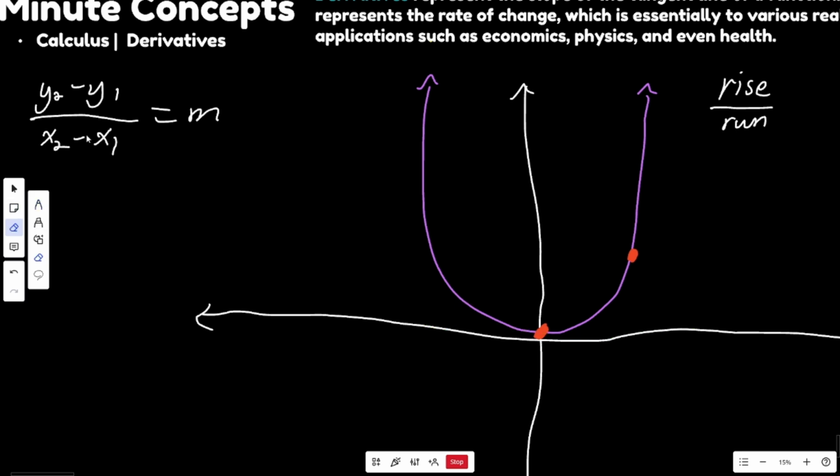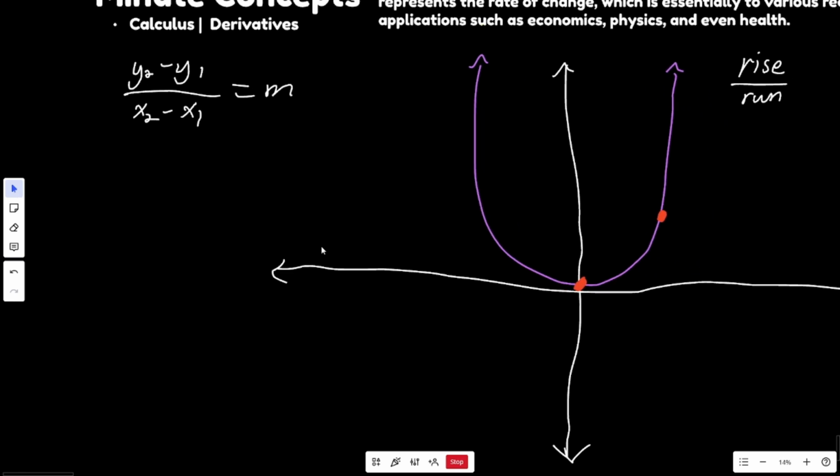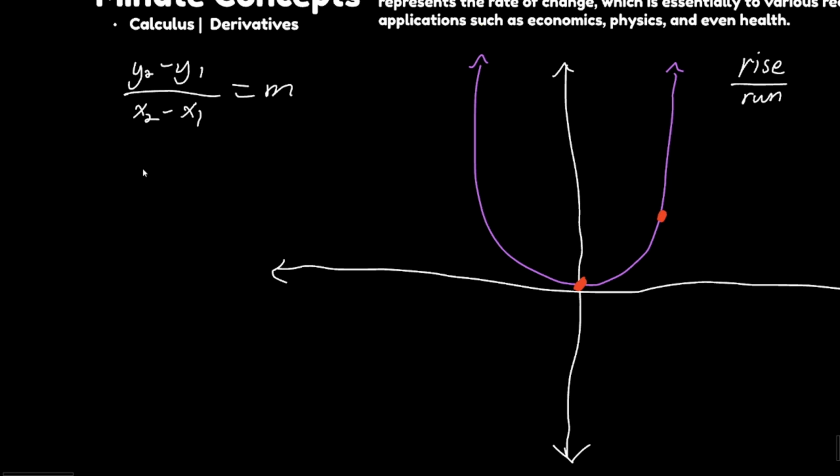So this is our formula that we're going to use. This is what we're going to apply limits on. Now, y sub 2 can be anything now, right? It can be anything now. It will get infinitely close to whatever value we have here.